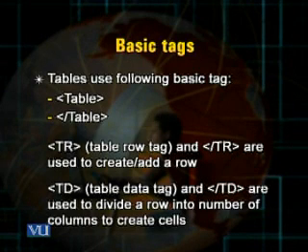Within this pair of table tags, you will use two tags, the TR tag or table row tag, and within the table row tag, you will use, to create cells or columns, TD or table data tags. These are therefore the three main tags: table tag, TR tag, and TD tag, which are used to create tables.